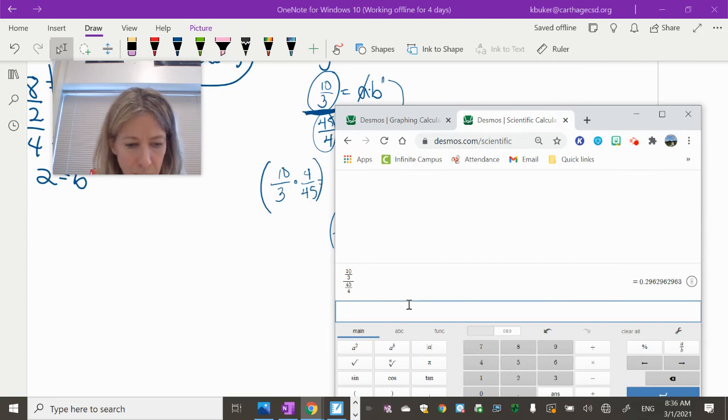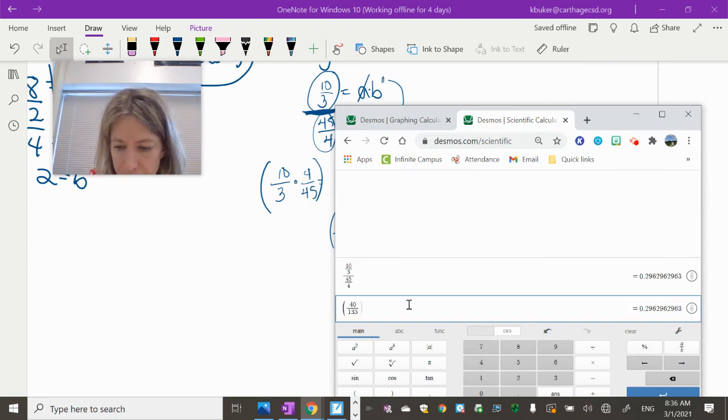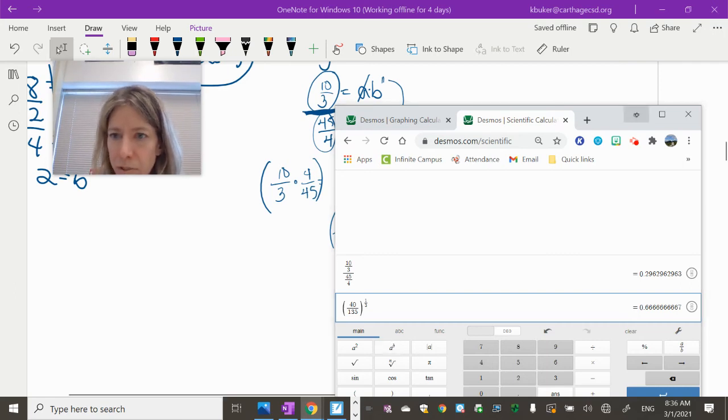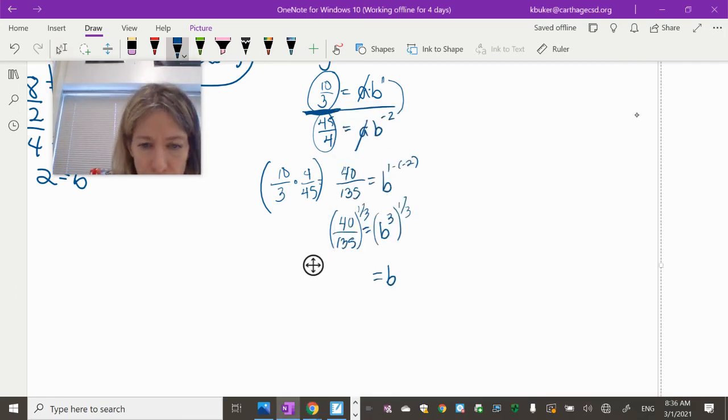So 40 divided by 135, and I'm going to raise it to the 1/3 power. Okay, and actually it comes out kind of nice. 0.6 repeating.